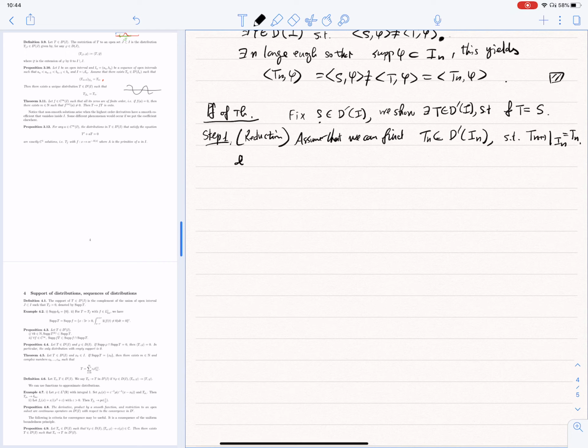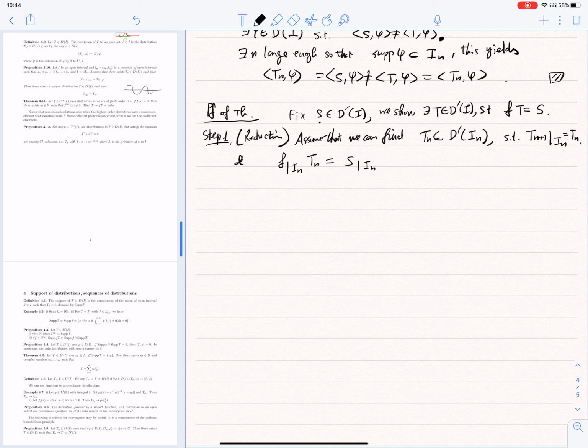So we assume that we can find a sequence of Tn, which is consistent in this sense, and also solves a localized version of that problem. In other words, when we restrict our function f to the interval In multiplied by Tn, we have S restricted to In.